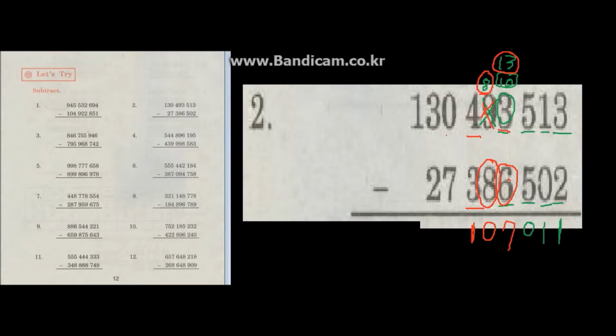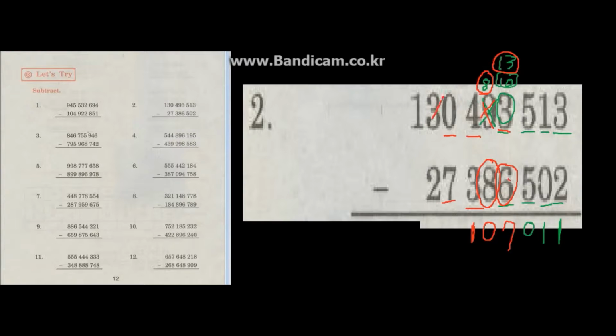Now here, let's see, the minuend value is 0 and the subtrahend value is 7. And we should not write 7 because the subtrahend value is bigger. So, what should we do? As I said, we should borrow a value that is just 1 column higher.